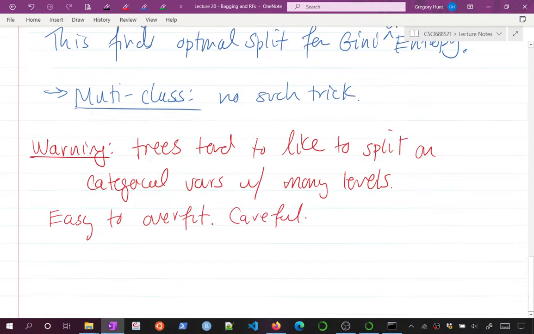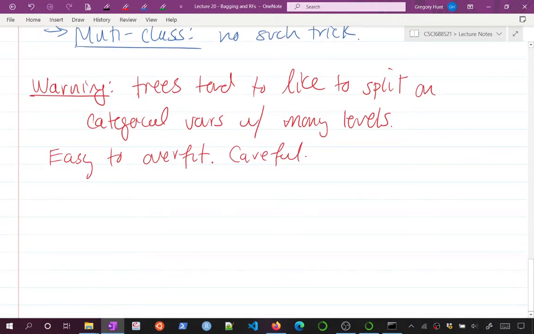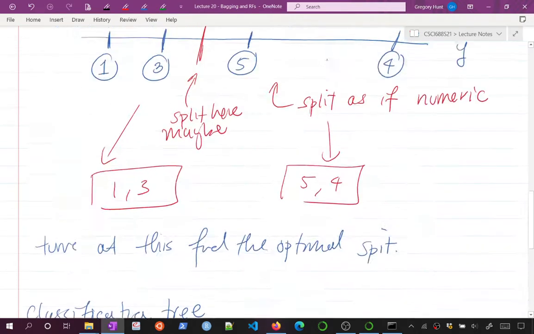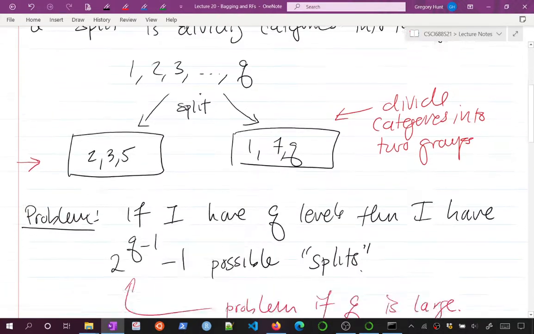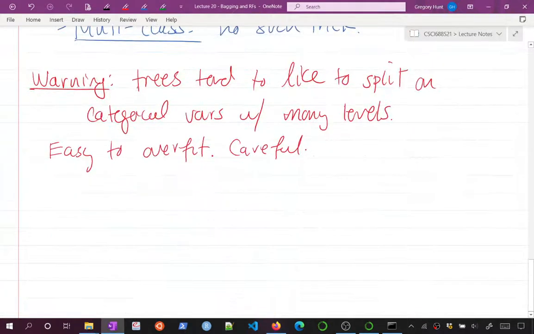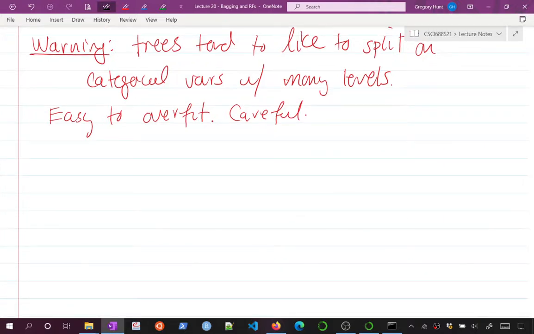So we tend not to want to include categorical variables with a ton of levels. That's the main points about categorical variables. It can be a little complicated for multi-class, and just think about what a split means for a categorical, because you can't do the geometric interpretation, it's just basically dividing up the options for the categories.